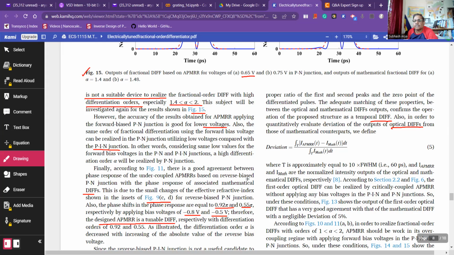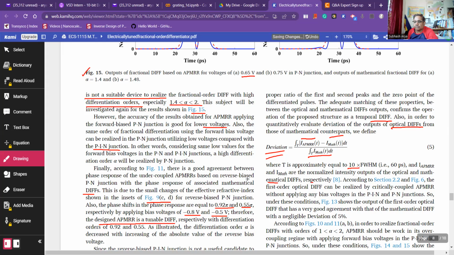So this is taking only the modulus of the intensity difference, divided by the integration. So this is the deviation. The T is approximately equal to 10 times the full width at half maximum, that is 60 picosecond, since it was 6 picosecond. And I APMRR and I math are the normalized intensity outputs of the optical and mathematical differentiator respectively.